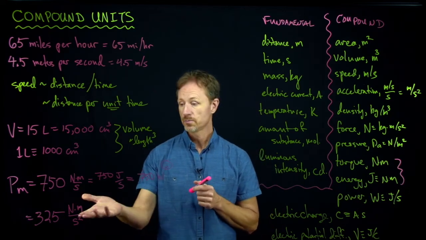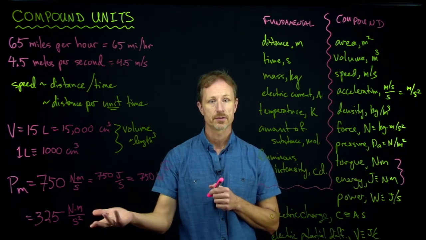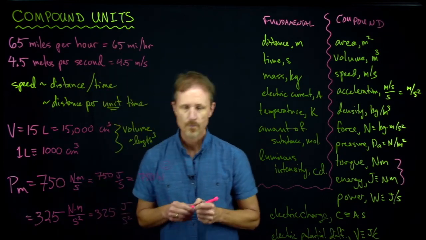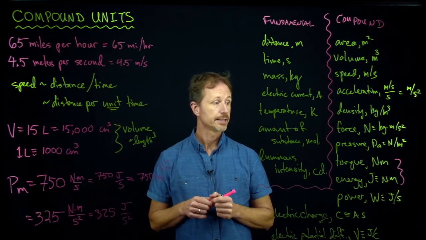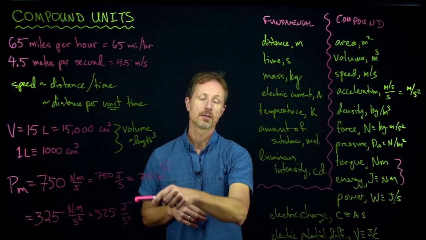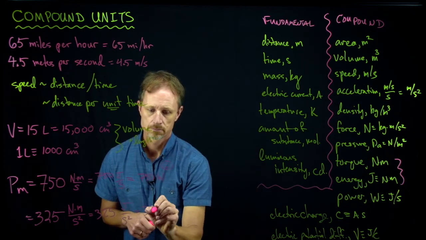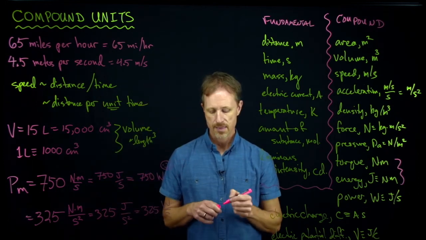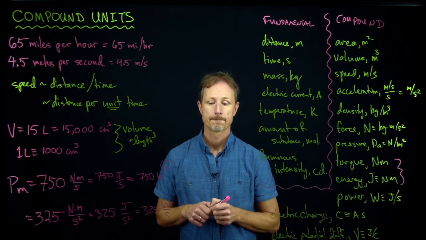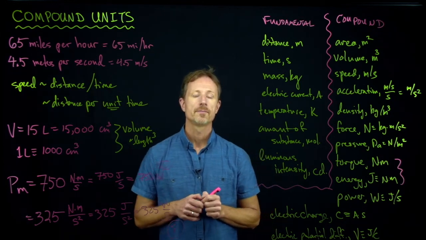You would say a Newton meter is what we call a joule. So this is a joule per second squared. And a joule per second is what we call a watt. So a joule per second squared is a watt per second. And that is not the dimensionality of a power. That's power per time. And you would know you made a mistake.